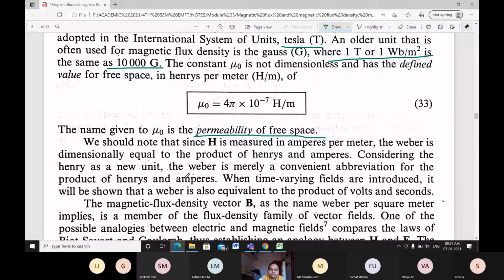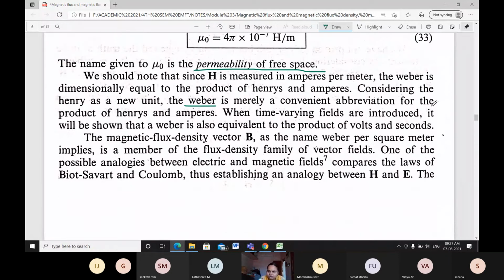Instead of going for Henry with the amperes, we will use the Weber. That is what it is telling. When we consider time varying fields, it is shown that the Weber is also equivalent to the product of volts and seconds, volt second. When time varying fields are considered, instead of Weber, we can take voltage into time.